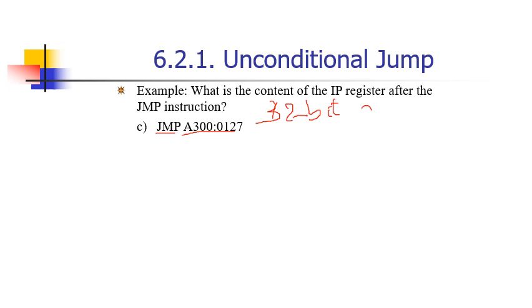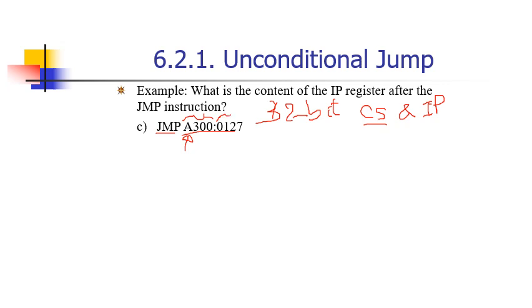In a far jump, you need a new value to be placed in your code segment register, CS, and another new value to be placed in your instruction pointer. So this is your new CS. We're going to leave the currently active code memory segment and go somewhere else, and this somewhere else has a starting logical address of A300.